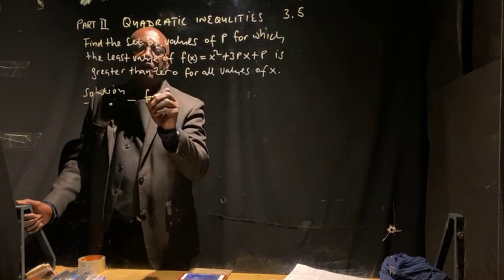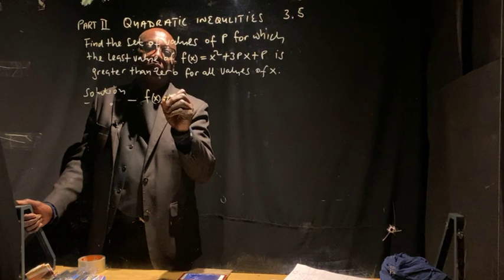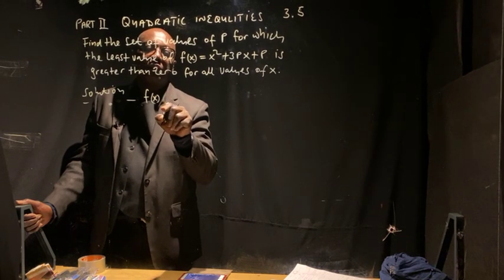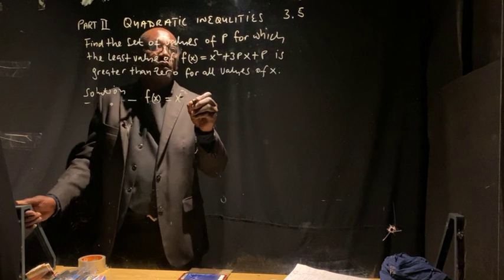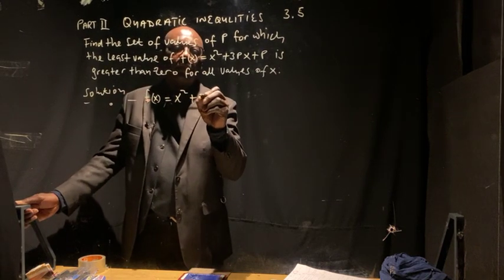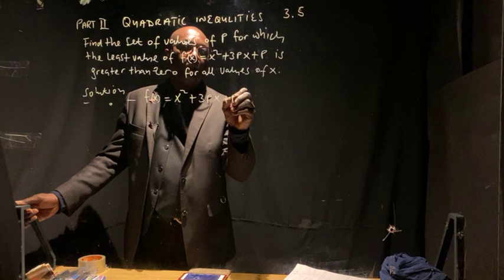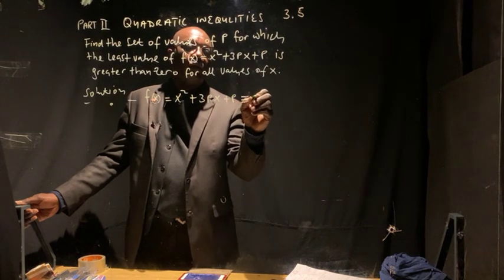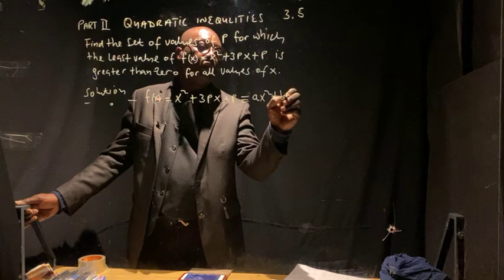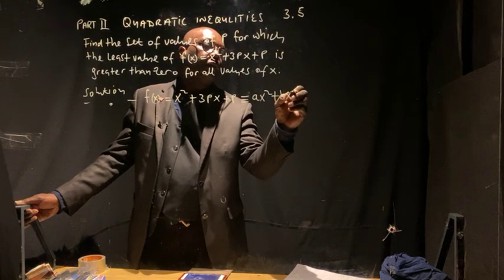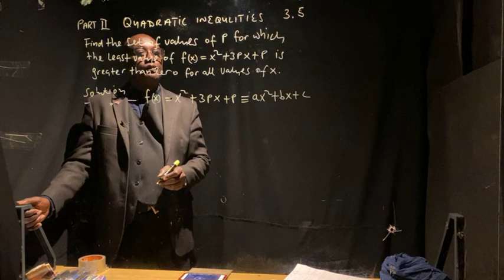f of x is given as x squared plus 3px plus p, which is in the form ax squared plus bx plus c. Very good.